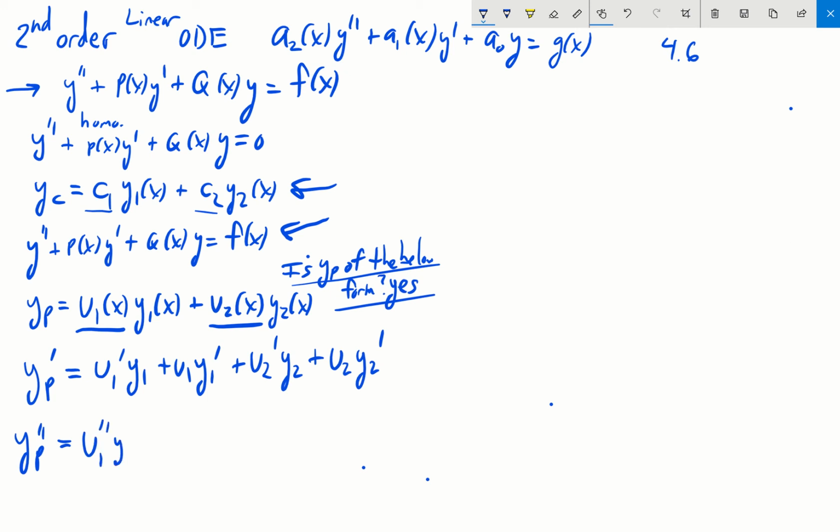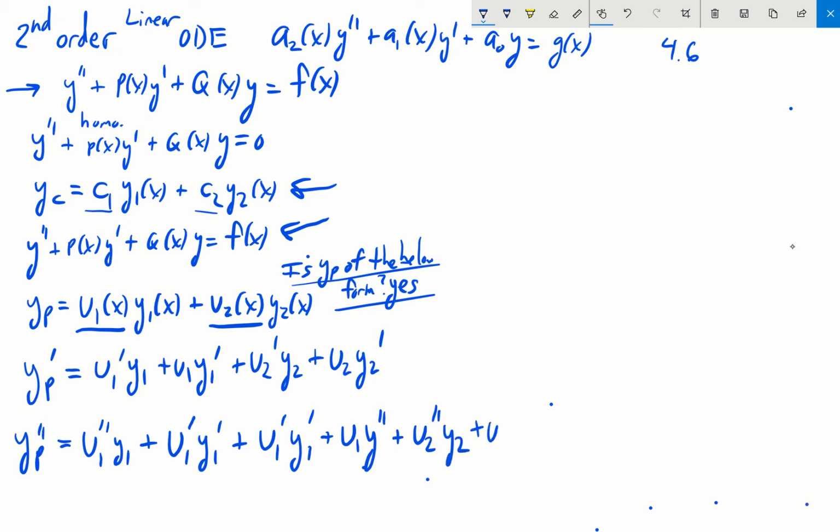We're going to have u1 double prime y1 plus u1 prime y1 prime plus u1 prime y1 prime plus u1 y1 double prime plus u2 double prime y2 plus u2 prime y2 prime plus u2 prime y2 prime plus u2 y2 double prime. We've gone ahead and taken all of those derivatives.